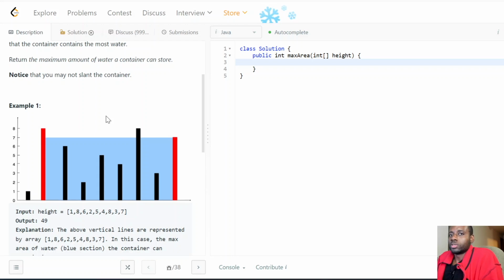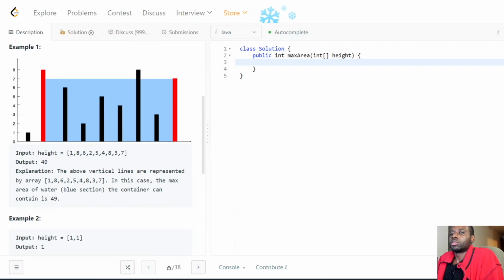On this channel, we always like doing things brute force first, not in a clever way, and then optimize and see how we can be smart and clever. Since we're looking for a combination of things, two lines that can be used together to form the maximum area, like I said, we're doing brute force.